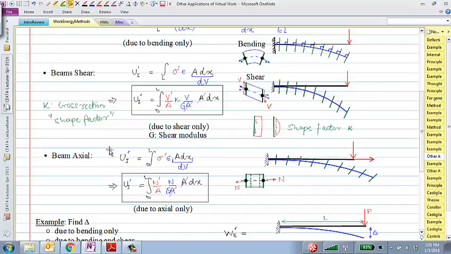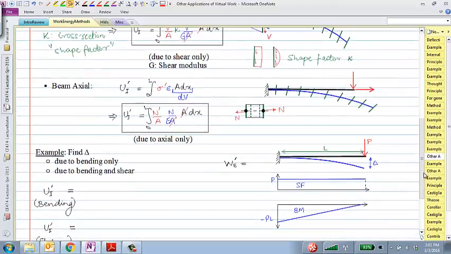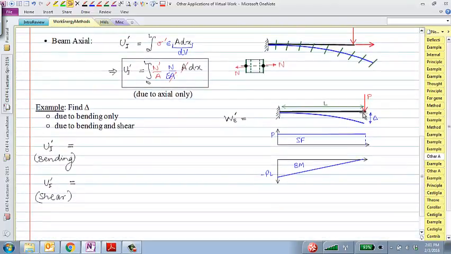We'll talk about two more modes of deformation in a little bit, but let's see a very simple example with this. Cantilever beam, we want to find the vertical displacement, but now we are not neglecting shear. In the first case, we are using only bending energy. We already know how that works out, but the new one would be trying to find out the deformation of the tip of the cantilever when I don't neglect shear deformations.